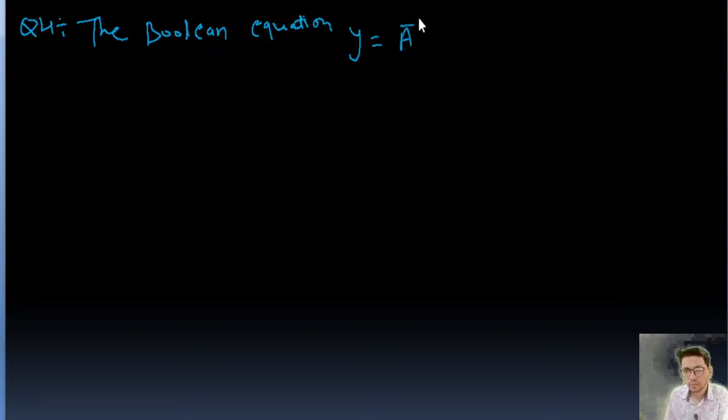So the Boolean equation is y equal to a bar bc, and plus a bar b c bar plus a b bar c bar, and plus a b bar c, okay.